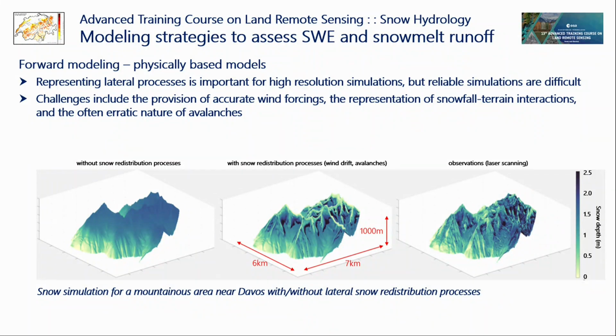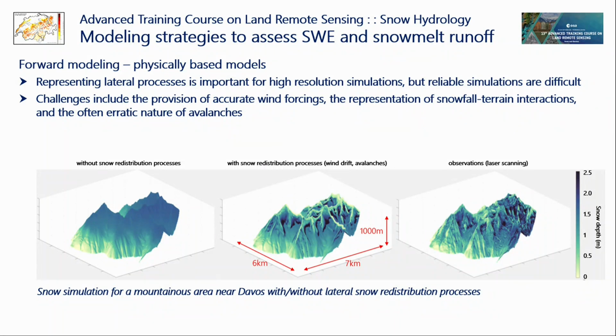On the left-hand side, you just see the out-of-the-box model with no lateral redistribution of snow because of avalanching and wind redistribution. And in the center, you see the exact same model with this component switched on. So basically, you have an exchange of snow between horizontally neighboring grid cells by way of wind redistribution and avalanching.